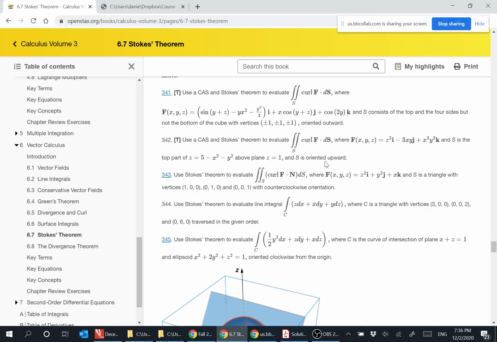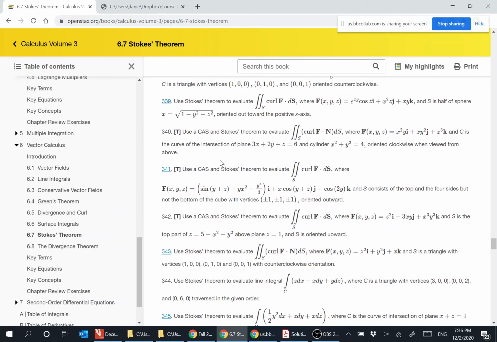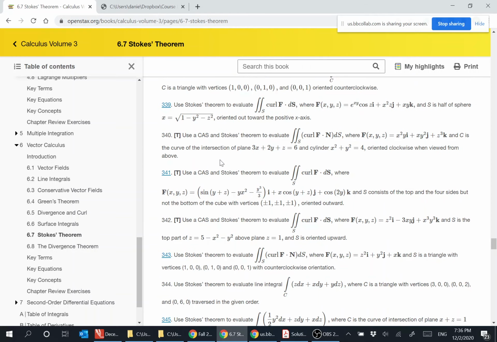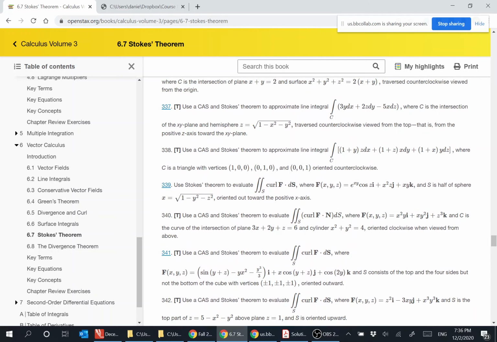I wanted to do one where I replaced the surface. Yeah, this one. So 339.